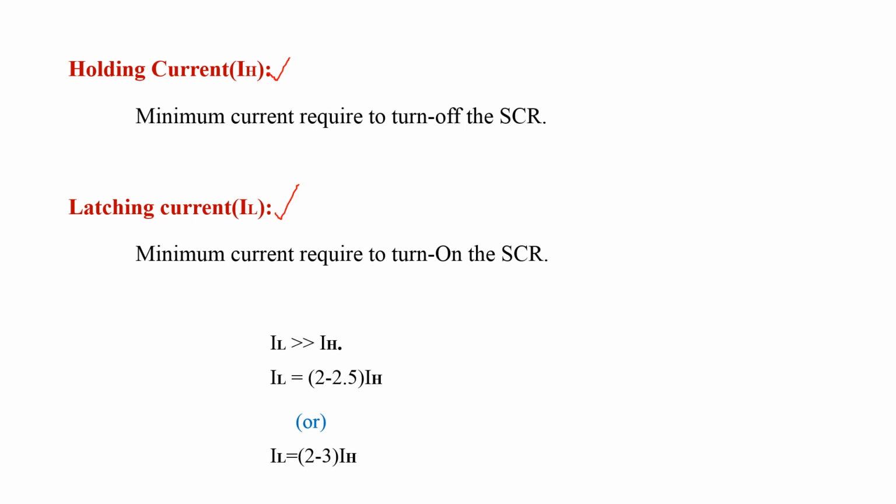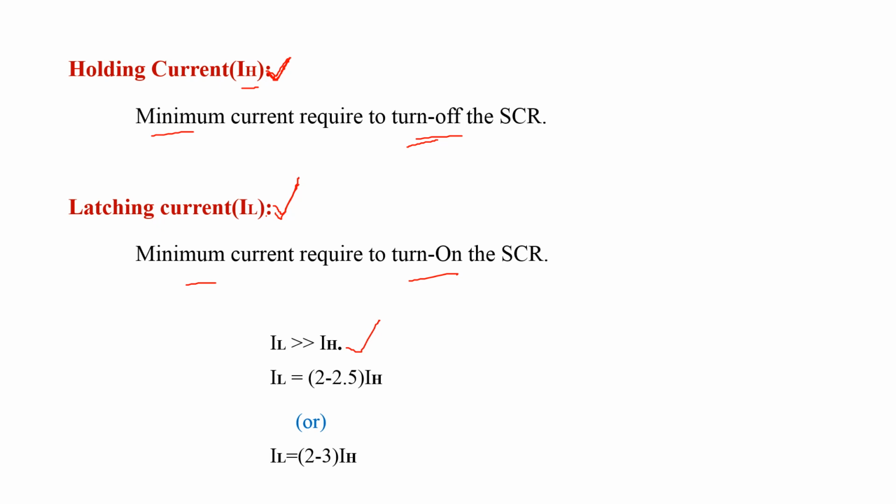Here holding current is represented as IH and it is defined as the minimum current required to turn off the SCR. Similarly, the minimum current required to turn on the SCR is latching current. Here latching current is very much greater than the holding current.